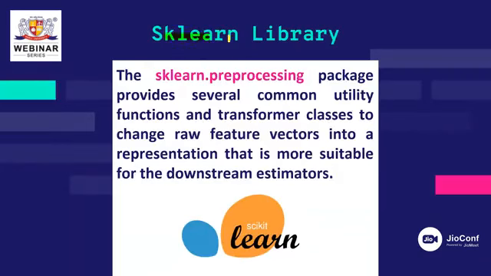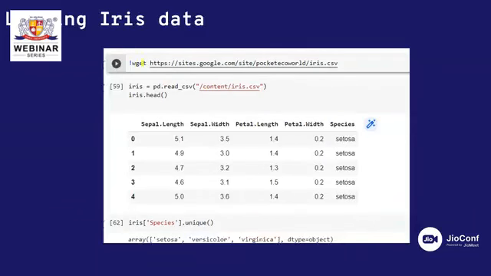So over here, the sklearn library we will use for the pre-processing. The sklearn preprocessing function will preprocess our data. First of all, the wget command to get this iris data. Now we will read this iris data by the read_csv command, and the iris head command will show the first 5 values.